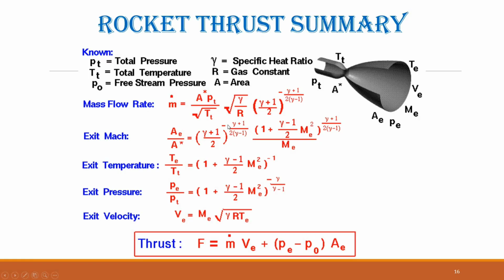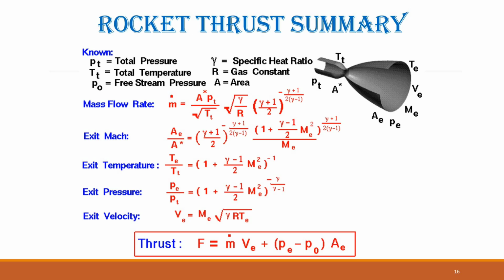In words, the mass flow rate is equal to the throat area multiplied by the total pressure divided by the square root of the total temperature, multiplied by the square root of the specific heat ratio divided by the gas constant and multiplied by the quantity 1 plus the specific heat ratio divided by 2, raised to a negative exponent that depends on the specific heat ratio. Physically, this means the combustion chamber and throat act like a metering device that controls how much mass can escape per second.